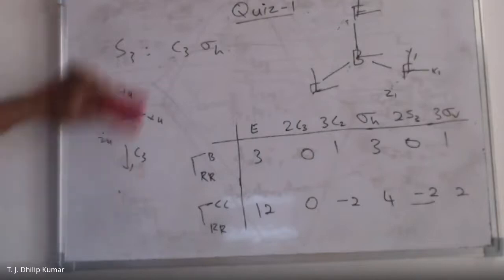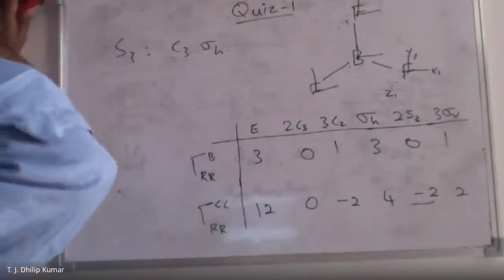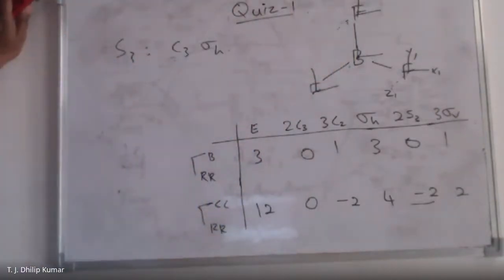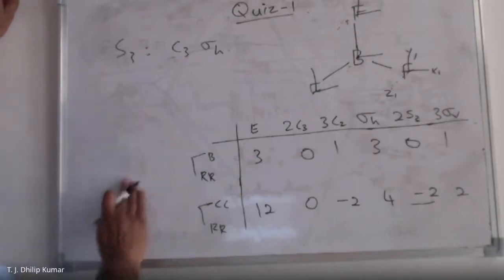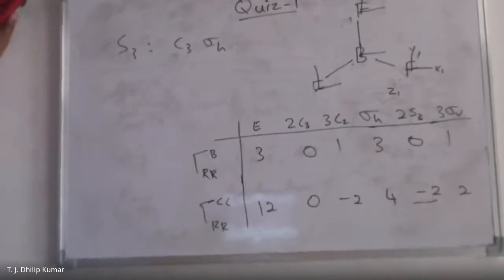No, I think we have to consider all three items. So how do we get S3?